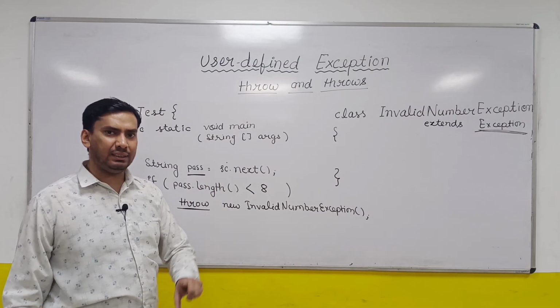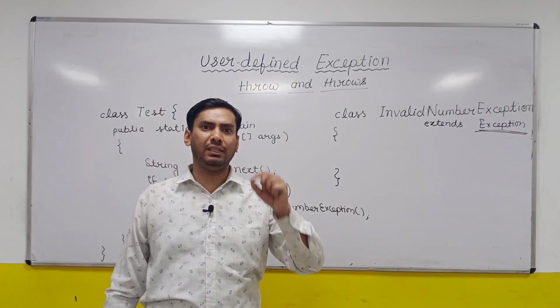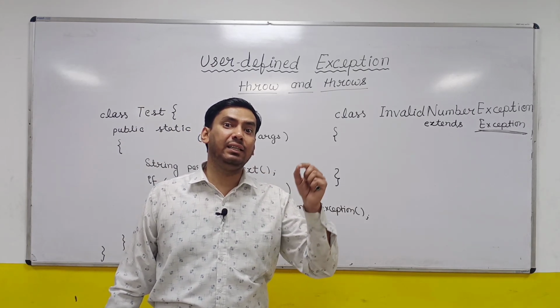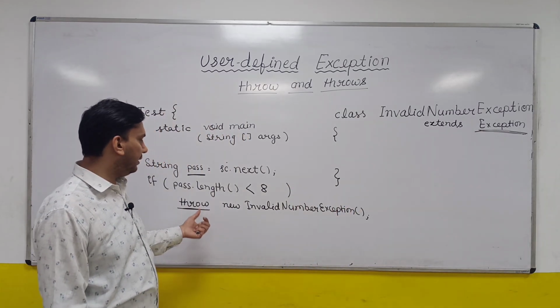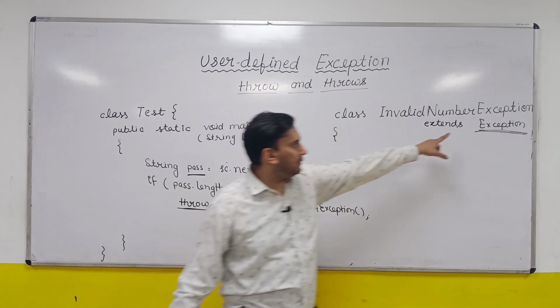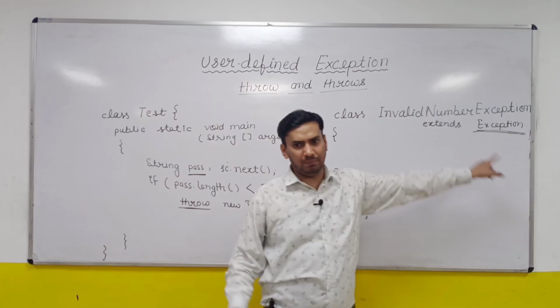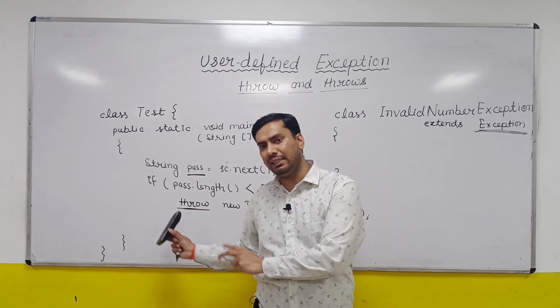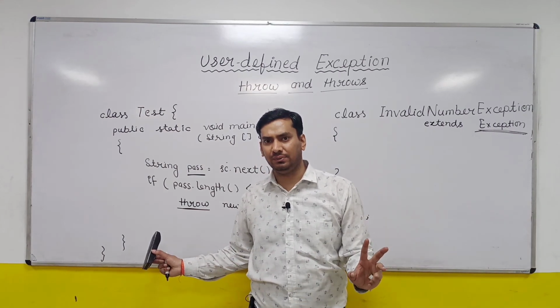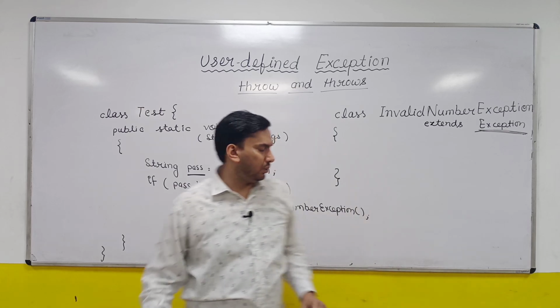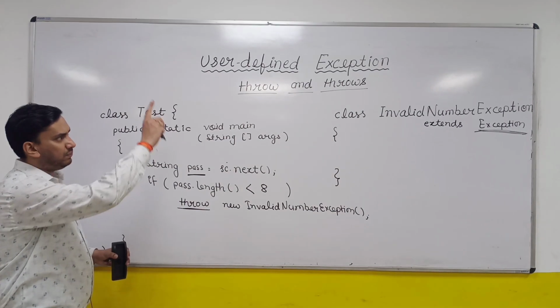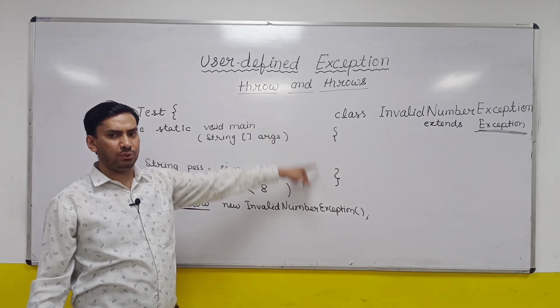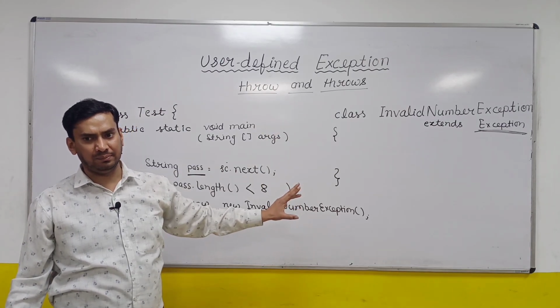Because you have already seen that in case of a checked exception, exception handling is compulsory. The compiler will force you to handle this exception. But suppose I inherit it from RuntimeException, so it will become an unchecked exception, then the compiler will not force you. Right? So in this case it is a checked exception, so my compiler will force me to handle this exception.